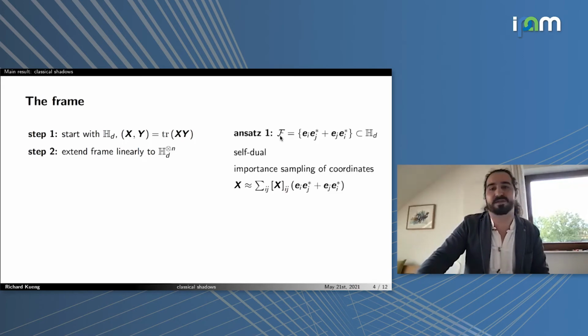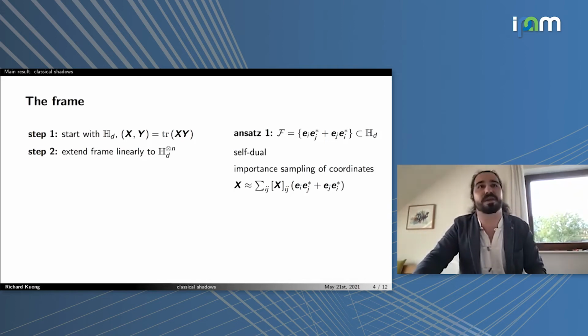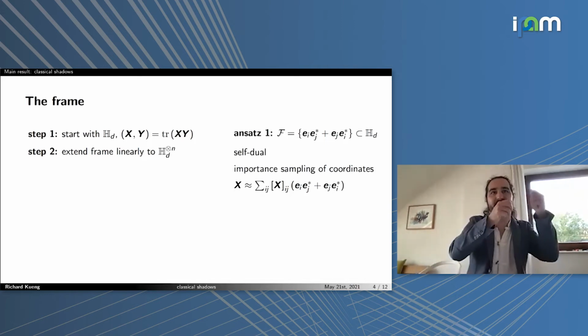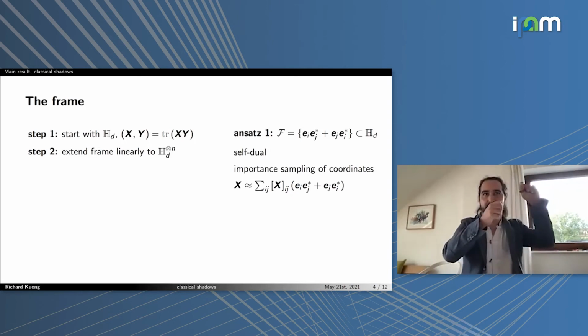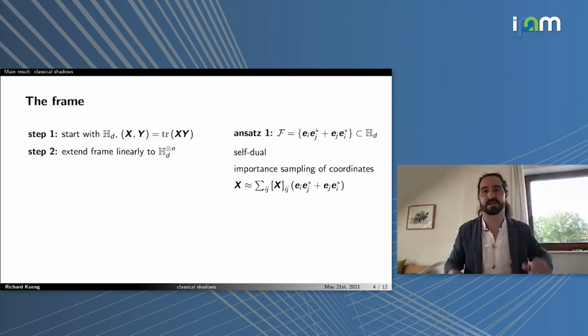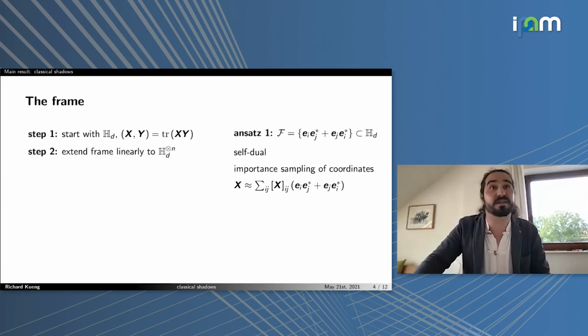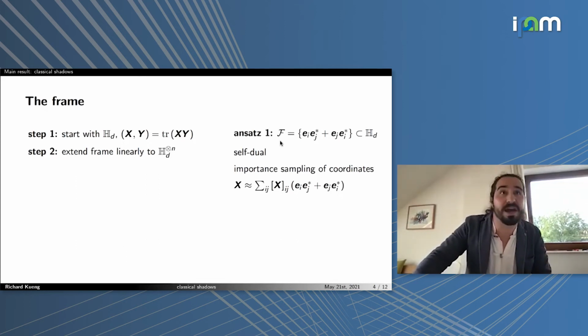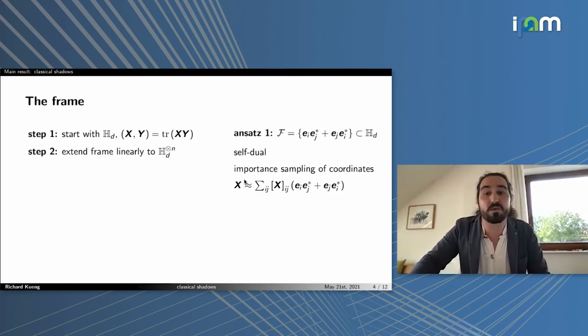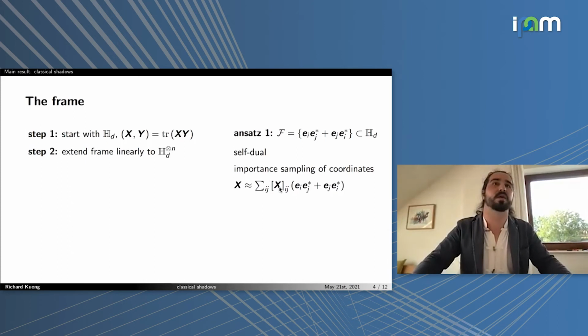Okay, and what is the simplest ansatz we could do? Well, we could just take as a frame the canonical basis on Hermitian matrices, E_i, E_j, E_i outer product with E_j, and then plus its adjoint. And if we do that, this frame is actually self-dual. If we would carry it out, it would actually reduce in the matrix space to importance sampling of the coordinates.